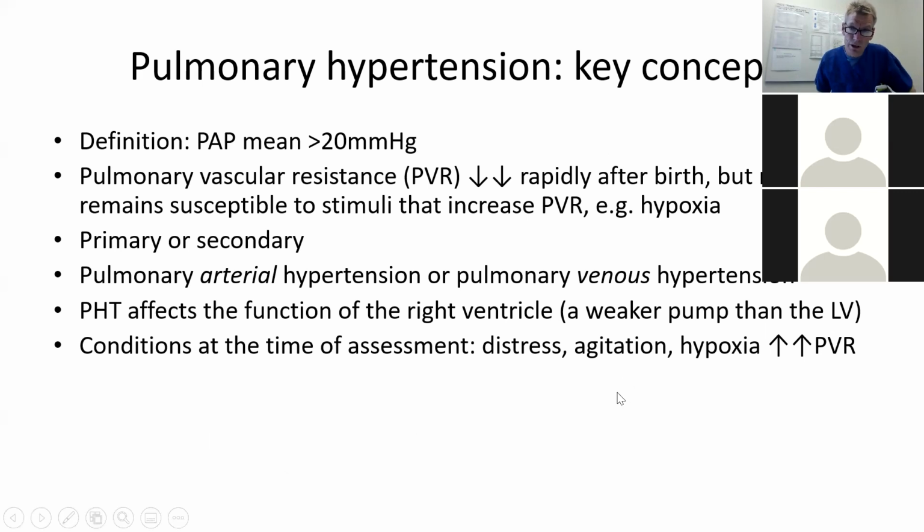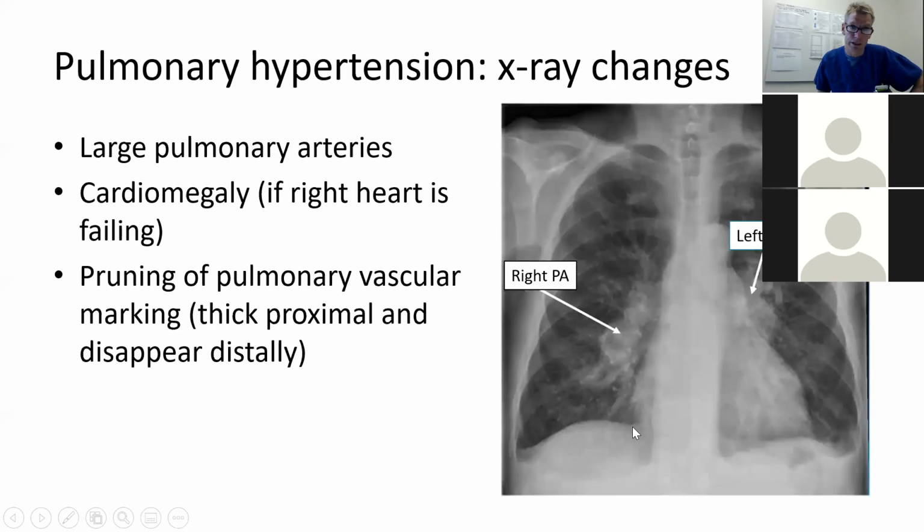I find children with pulmonary hypertension usually get very stressed if you're taking too many goes at trying to put a drip in, or doing things to them that are painful or damaging, or they're just distressed by you examining them. Then their pulmonary hypertension is often worse. So I find you can usually help calm them, give them oxygen. You can usually make them a lot better.